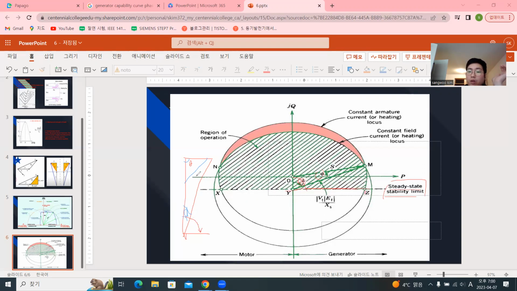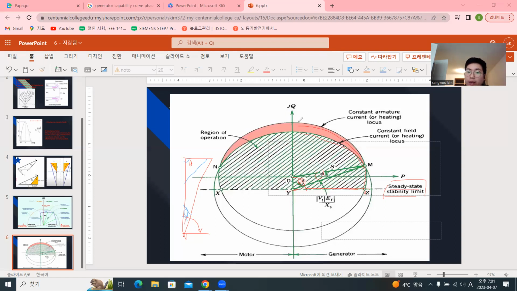And then because the armature and field windings have a capability for heating, that's why we make a circle like this and this. So since the field winding limit, as you can see, is longer, right, compared to the armature, right?